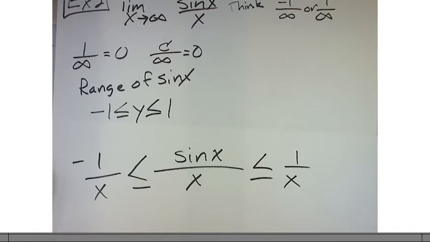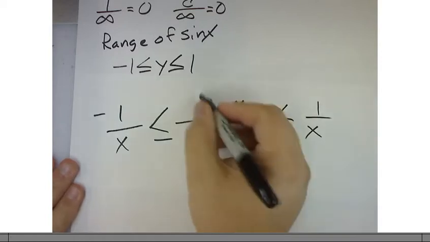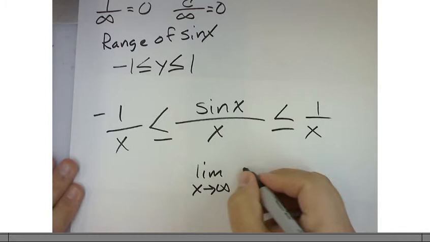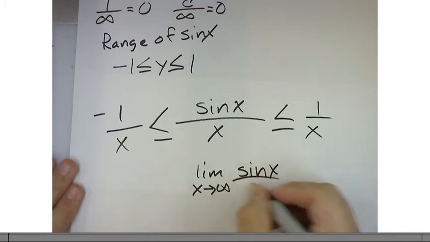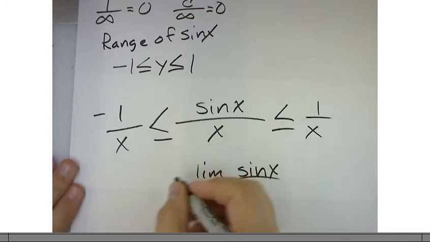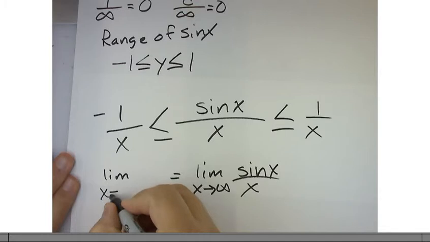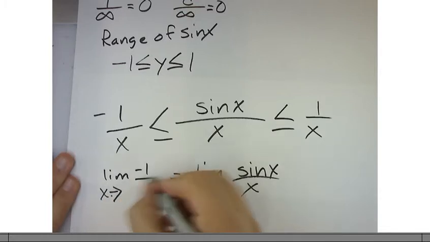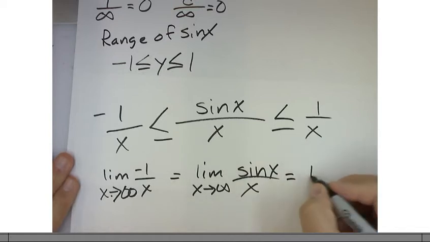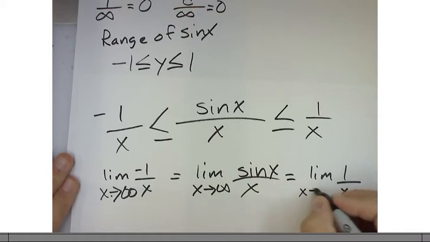The sandwich theorem says, and I'll show you how to do this graphically in just a second, that the limit as x approaches infinity of sine of x over x is equal to the limit of negative 1 over x as x approaches infinity, and the limit of positive 1 over x as x approaches infinity.